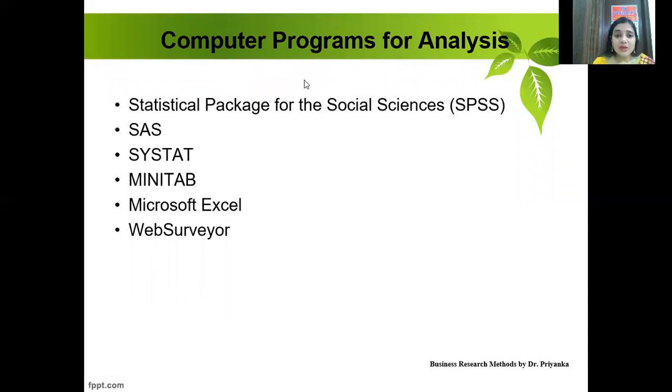Computer programs for analysis: the most widely used software is SPSS, Statistical Package for Social Sciences. Then SAS is there, SysStat is there, Minitab, Microsoft Excel, and Web Surveyor. These are the most used programs for analysis these days.